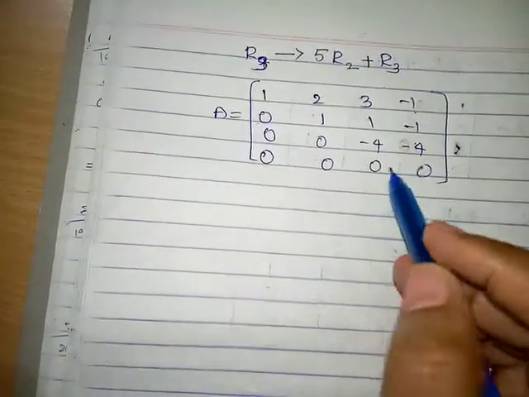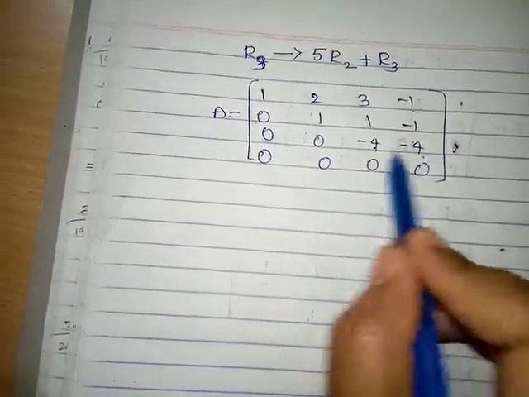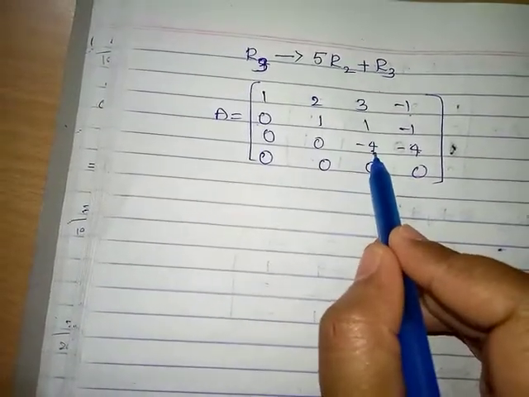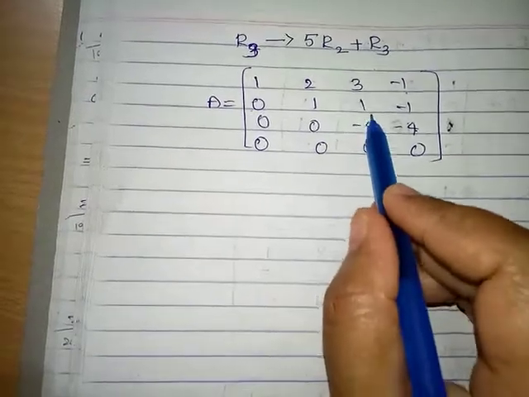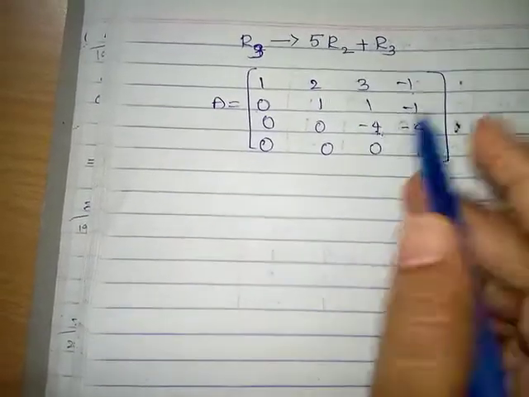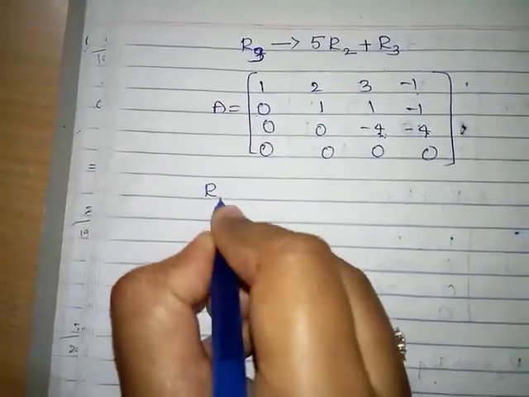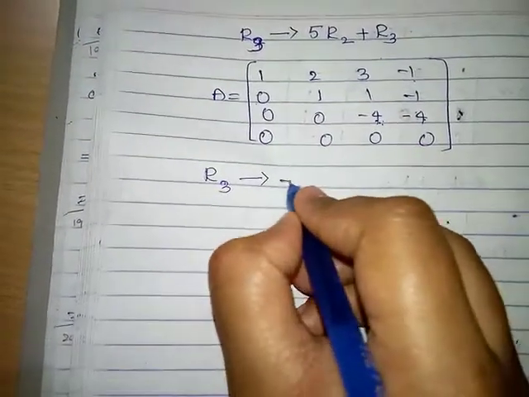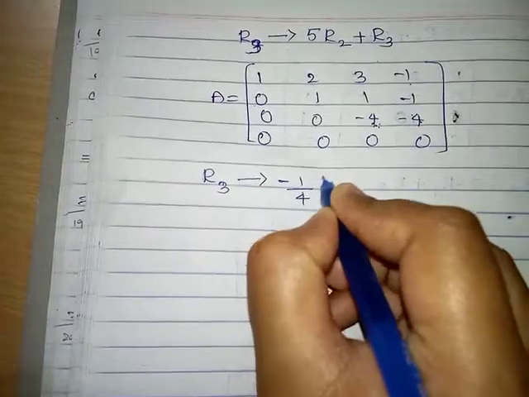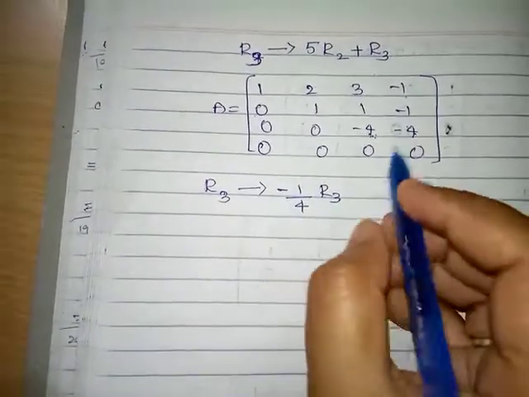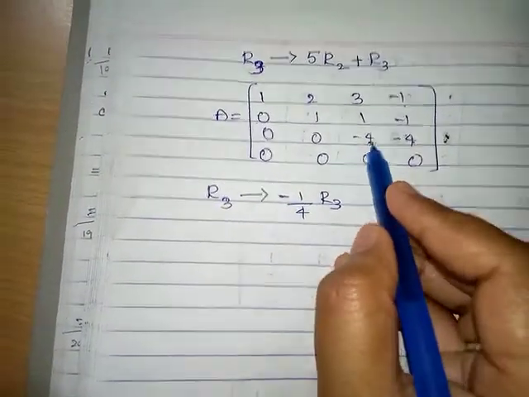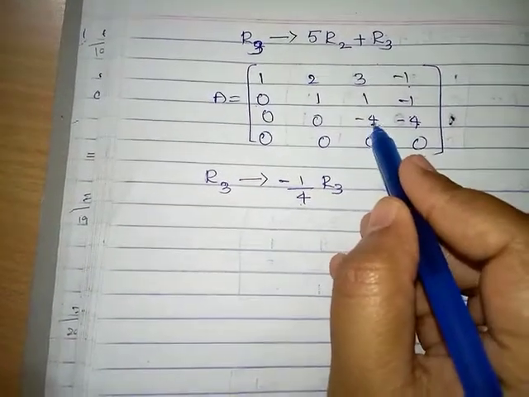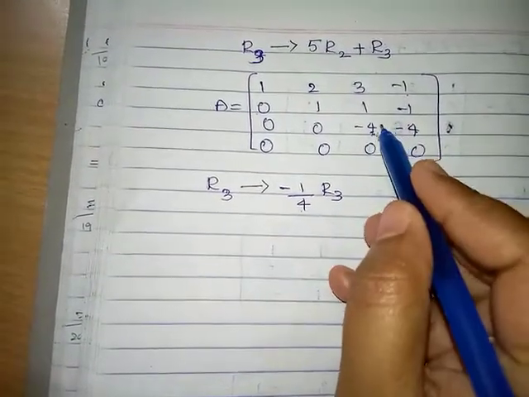According to our echelon form, this is a non-zero row and the first non-zero entry must be 1. To get 1 here, I will apply the transformation R3 changes to minus 1 divided by 4 into R3. When we apply this to R3, minus 1 by 4 into 4: minus into minus is plus, 4 by 4 means 1, the 4s get cancelled.